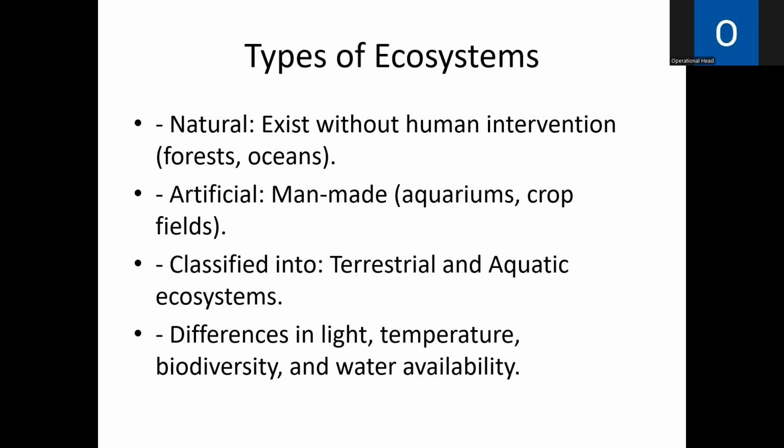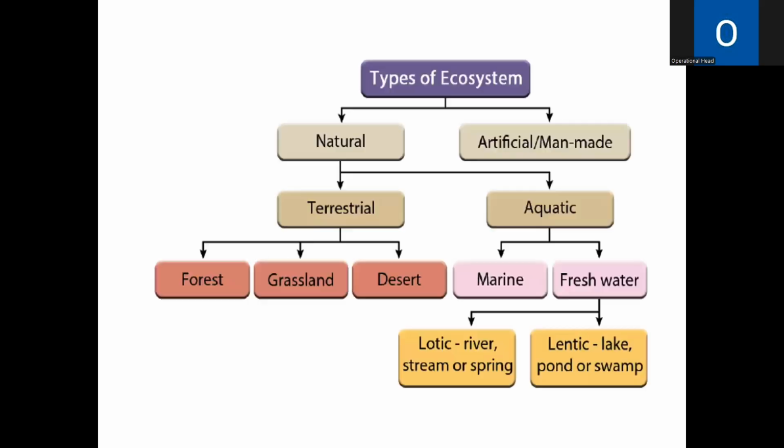For example, forest and ocean are natural ecosystems, whereas artificial, or man-made, ecosystems such as aquariums and crop fields are established by humans. Ecosystems are further classified into terrestrial and aquatic, differing in light, temperature, biodiversity, and water availability.